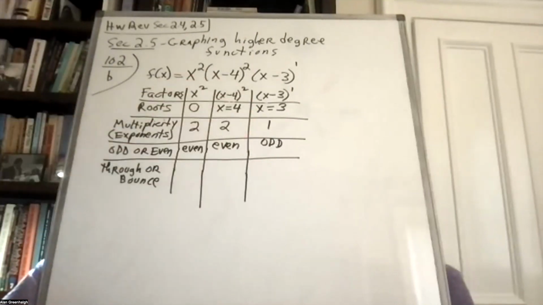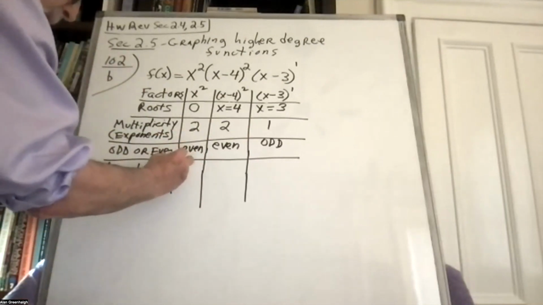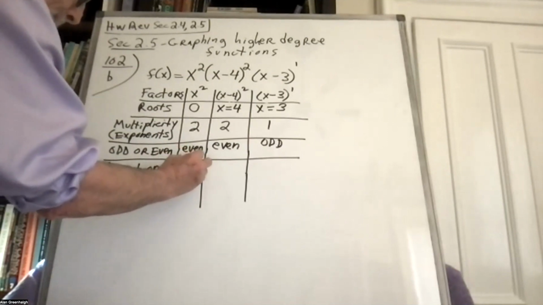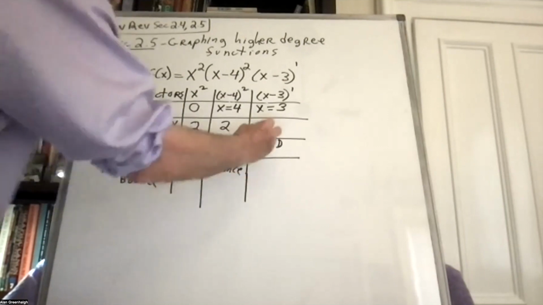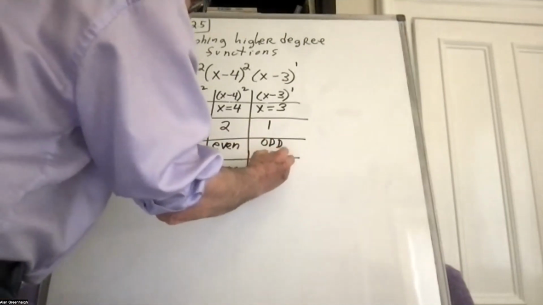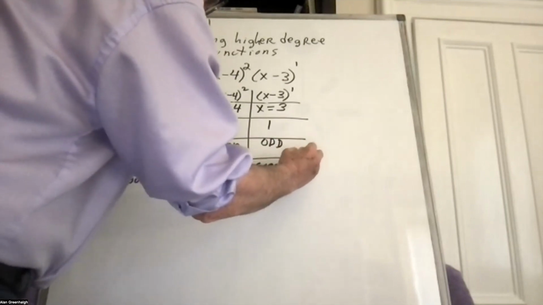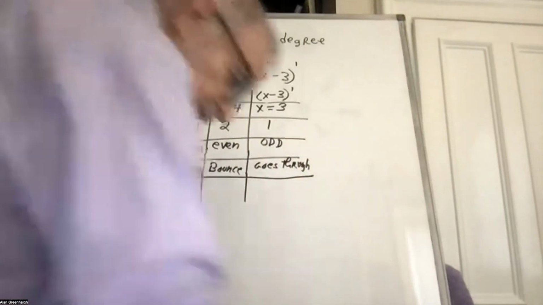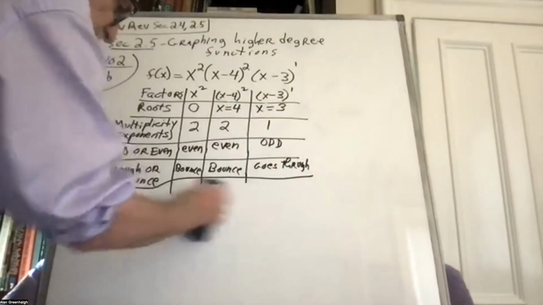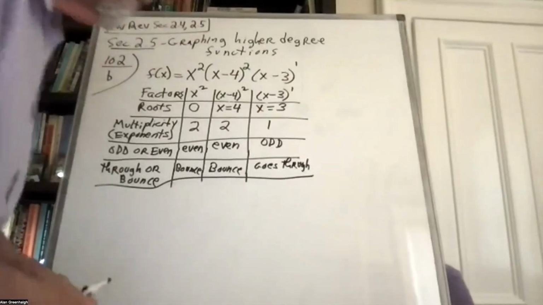If it's even, it bounces. If it's odd, it goes through the x-axis. Okay, and that's really all you need. There's a lot of information, and we're going to be using this to do the very complicated graph that's coming up in a few minutes.